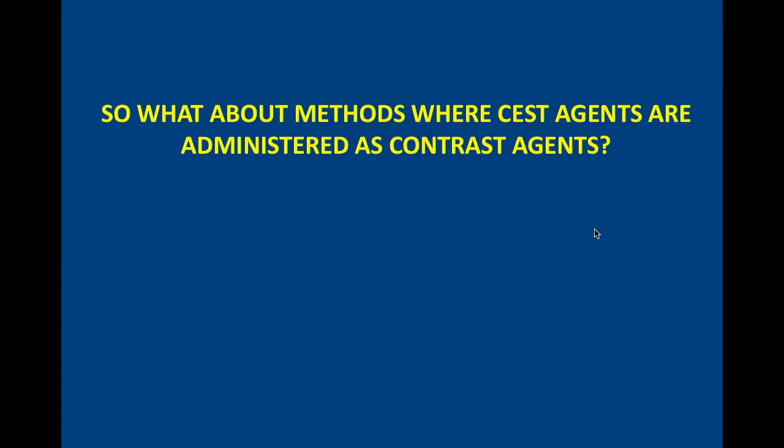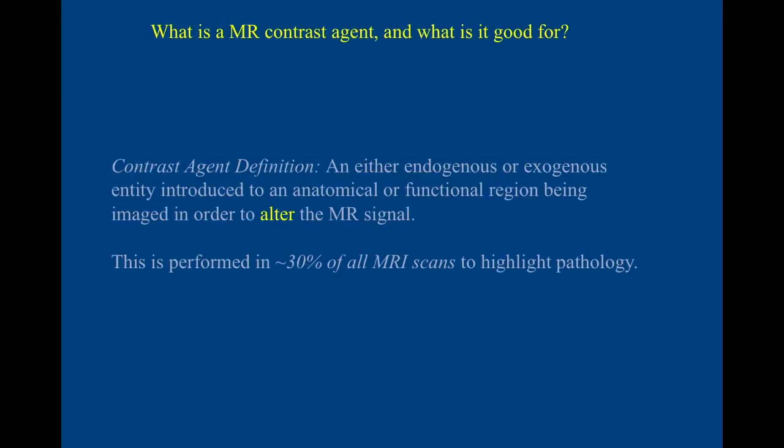So, okay, I talked about endogenous contrast. I'd like to also talk about the case where we would administer a CEST agent as a contrast agent. What type of sequences do you use for that? When I mention that, I should describe what a contrast agent is.